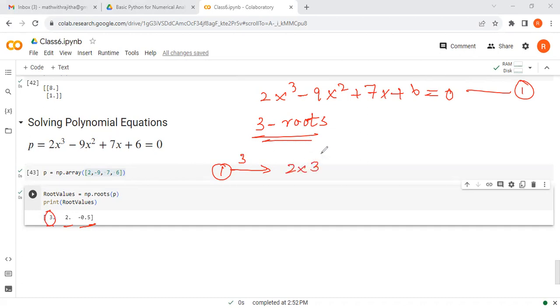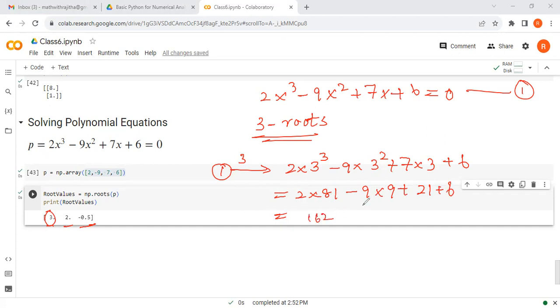2 into 3 cubed minus 9 into 3 squared plus 7 into 3 plus 6. 3 multiplied by 3 is 9. 9 multiplied by 3 is 27. 27 into 2 is 54. Minus 9 into 9 is 81, plus 21 plus 6.